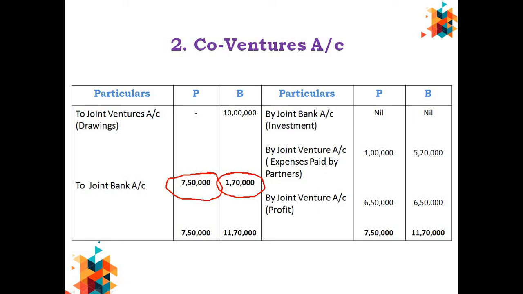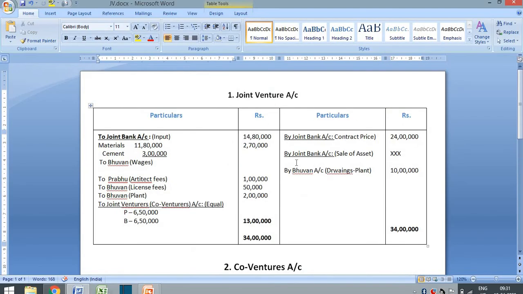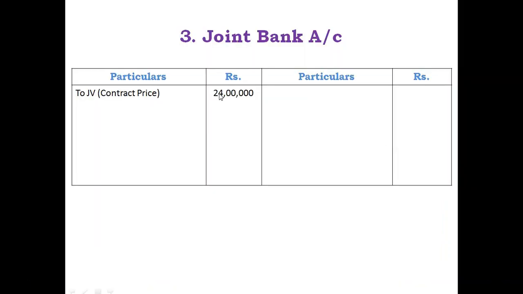So this is how the second account, the co-venturers account, appears. It is very simple. Now we'll go to the third account, which is the joint bank account. Wherever you have written bank, you are supposed to mention it here. See, in the first account, the joint venture account, by joint bank account, the contract price was there, 24 lakh rupees. That 24 lakh I have taken here. After this, any individual investment, if it is there, we should take.